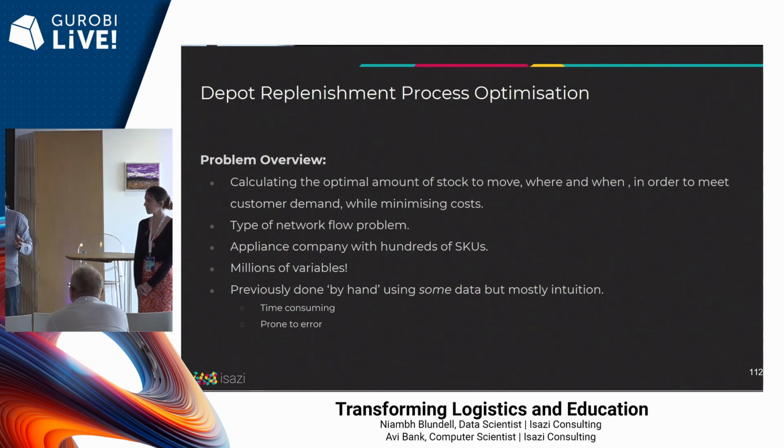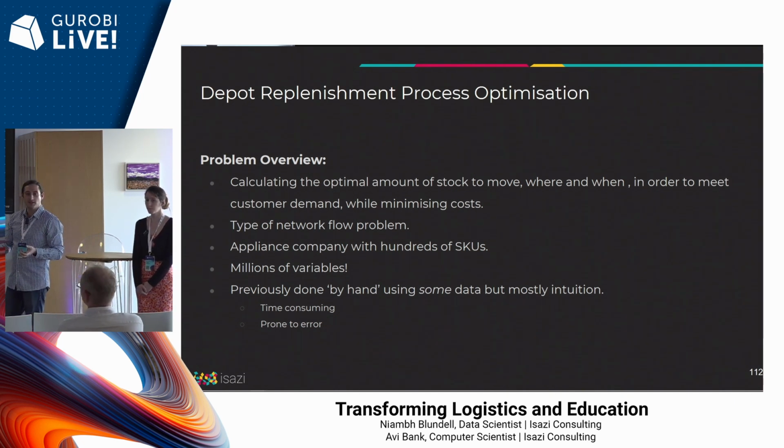I didn't put all the maths into this presentation because I wasn't sure who I was presenting to, but basically your objective function is to minimize costs, maximize profitability. In this particular scenario, it's an appliance manufacturer with about 100 SKUs, 5 warehouses across the country. And so it might not seem a lot, but it turns out to be millions of variables.